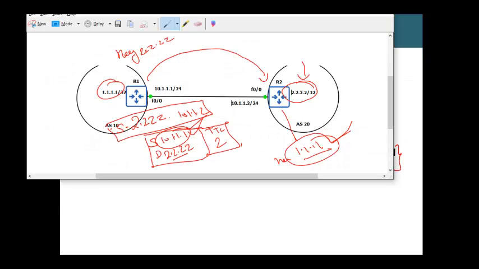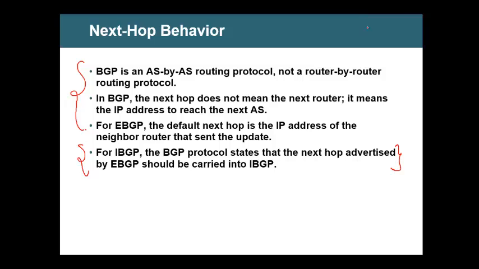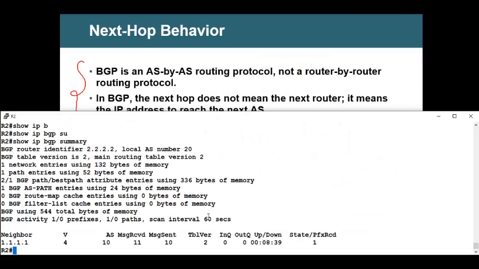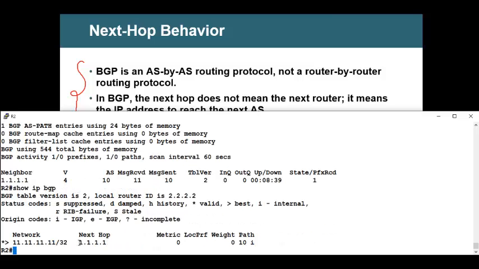When you say update source loopback 0, the source address will become what? 1.1.1.1. Yeah. That is what your next hop. For router 2, that will be the next hop, correct? It is not 10.1.1.1. I showed you in the output, no? Your next hop did not show 10.1.1.1. Instead, your next hop was showing 1.1.1.1 because that is what is sending you the update. Correct? Yes, sir. Got it.